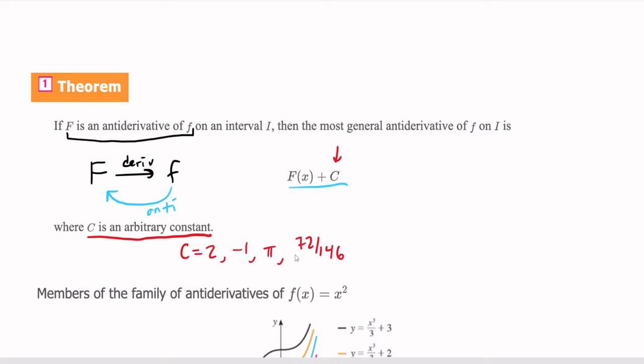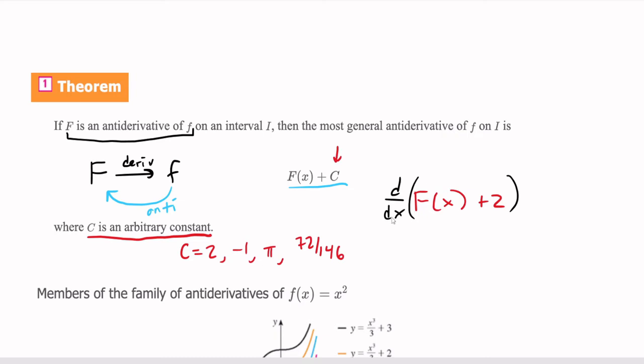So, okay, let's look at F of x plus 2. Now, if this is supposed to be an antiderivative, I should be able to take the derivative of this with respect to x, like what we've been doing. Let's take the derivative of this. Okay, and I should get down to little f.